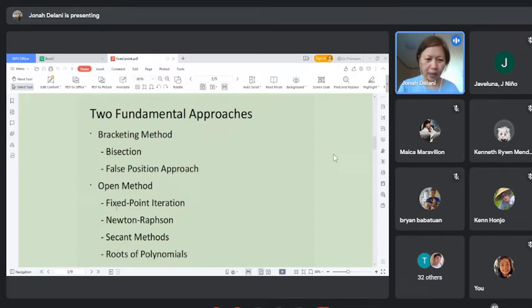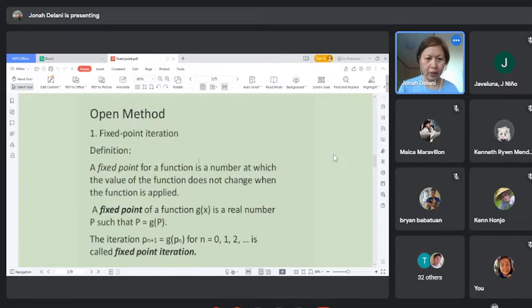So today, we will have the fixed point iteration method. That's an open method.